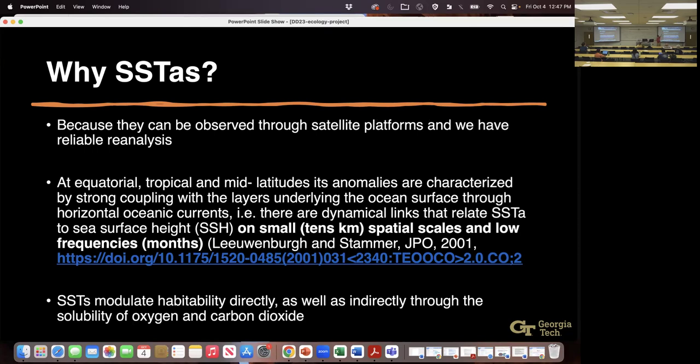So at spatial scales of 10 kilometers and frequencies of a month, even in summer, people that have worked a lot on satellites show that essentially you have a very strong link between the anomalies that you have in the temperature and what your currents are doing. So essentially we can use the sea surface temperature anomalies to determine connectivity currents. That's the intuition that was in this project.